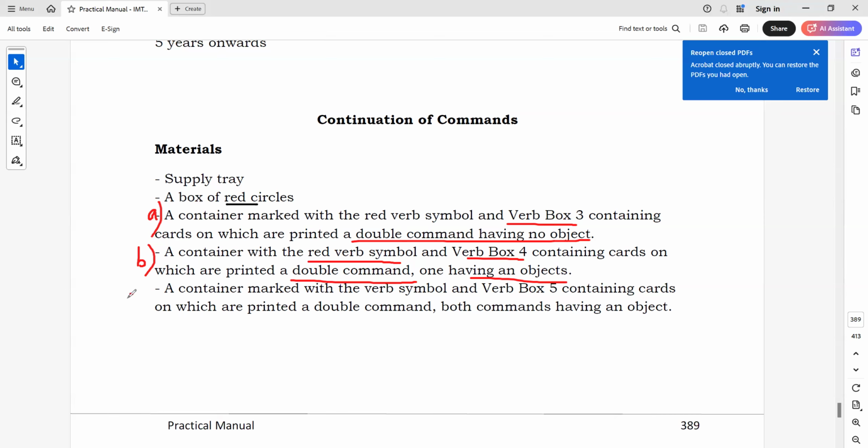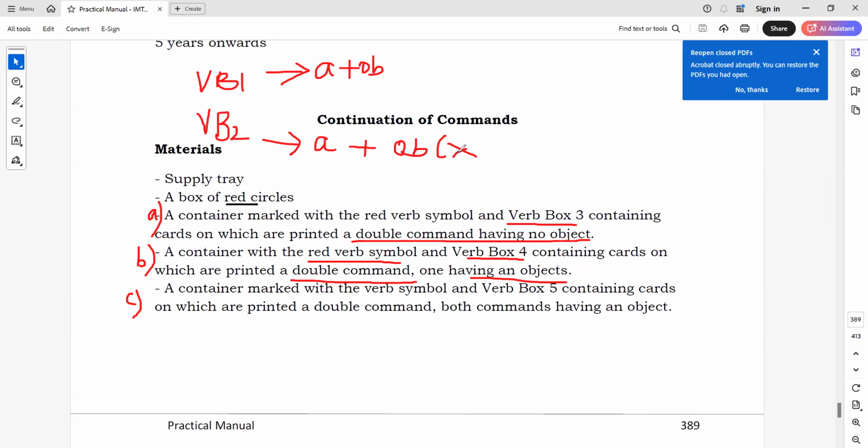Let's take another container, my verb box 5. So what was your verb box 1? Transitive verbs. It contained action with object. What is my verb box 2? It had an action. Did it have an object? It did not have any object.